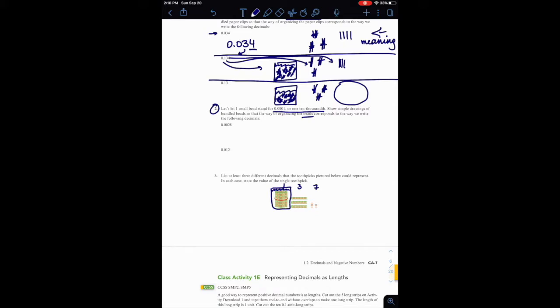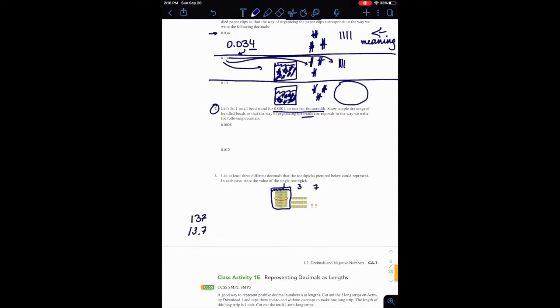So if the 7 is representing the ones, that could be 137. But what if the 7 is representing the tenths? If the 7 is representing tenths, then what is 10 tenths? Those are ones. So 3 ones and 1 10.